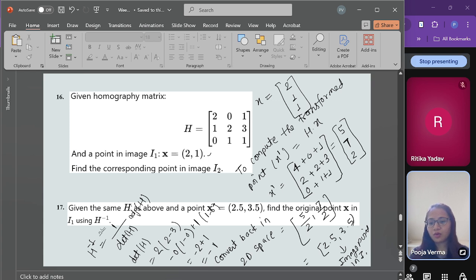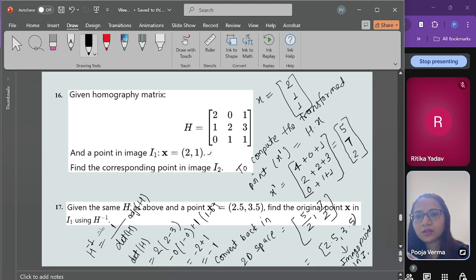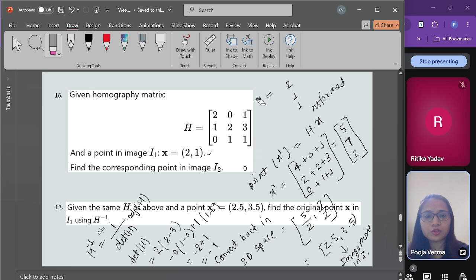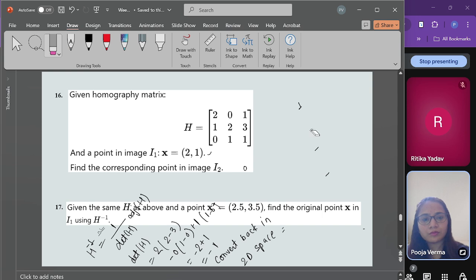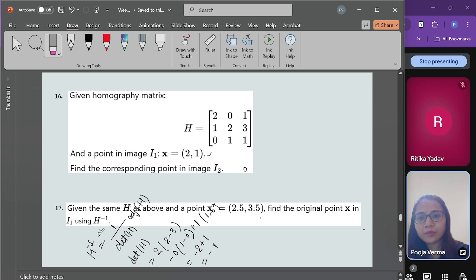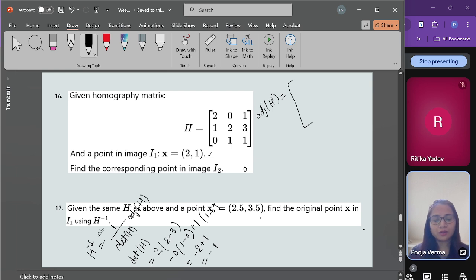Okay. Now we need to calculate the cofactor. So I am just removing all those things from here so that I can calculate it. Now we need to find the adjoint of H. First we find all the cofactors and then take the transpose of that cofactor matrix.